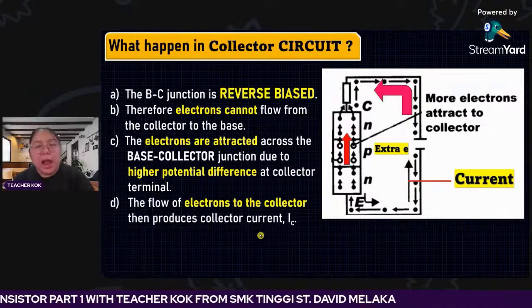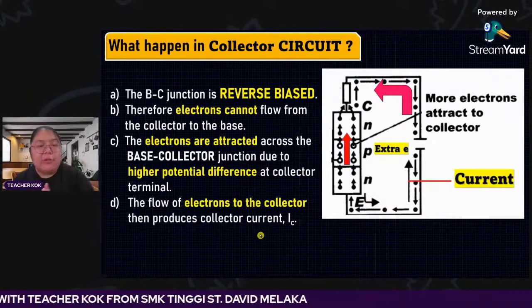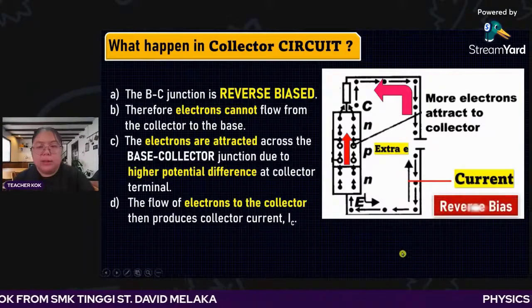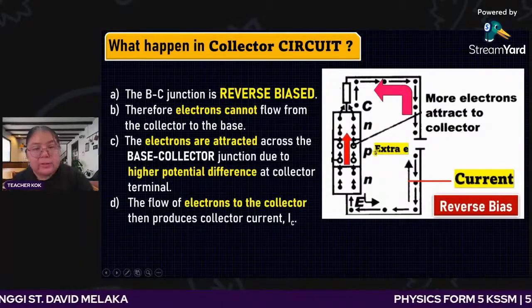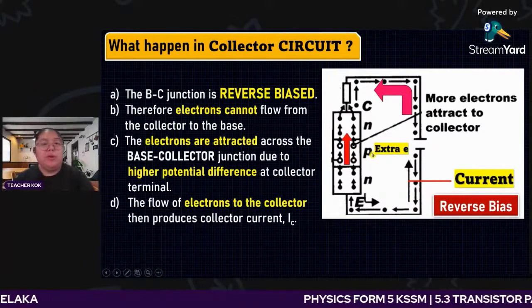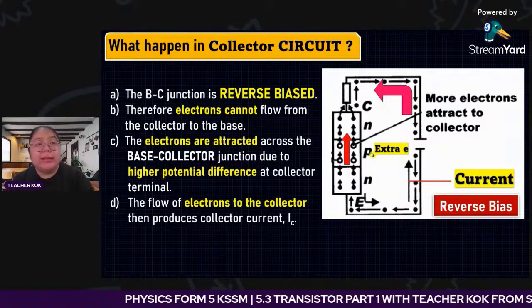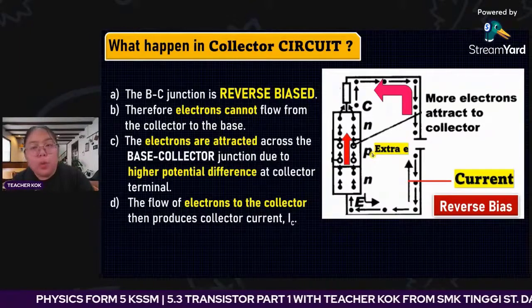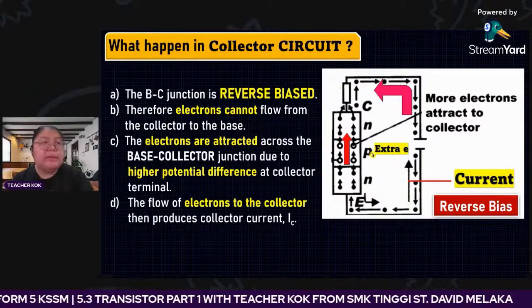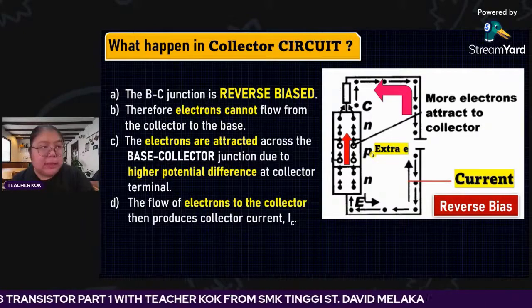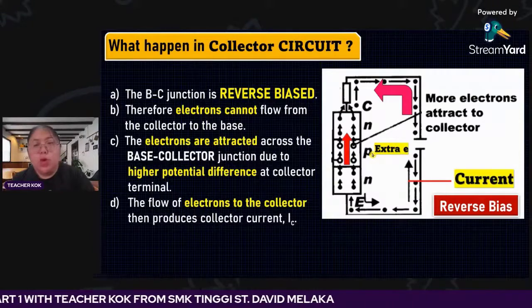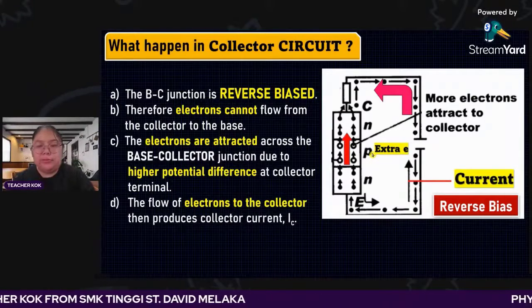So this is how to produce a collector current. This is a reverse bias. So hopefully you understand how the collector circuit gets the current. It is always based on the base circuit. No base circuit current, sure no collector current.